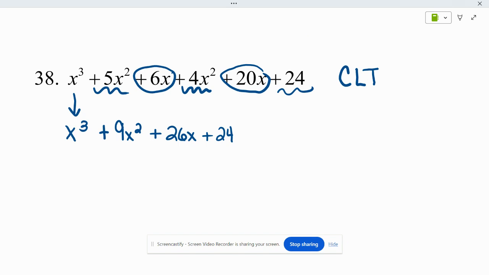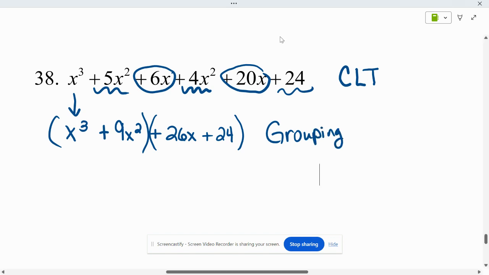Think you can factor this by grouping? Do you think so? Okay, we'll try it. We're going to try to factor it by grouping. So, what's the greatest common factor I can take out of my first binomial? X squared.